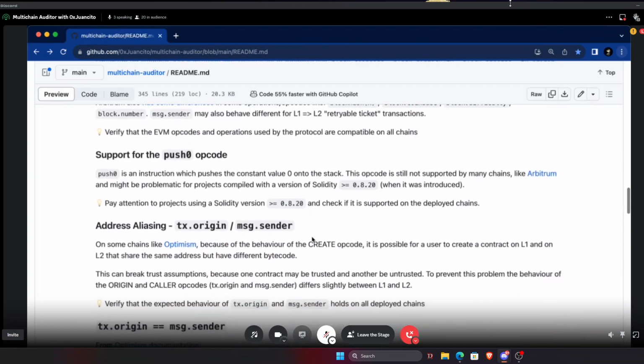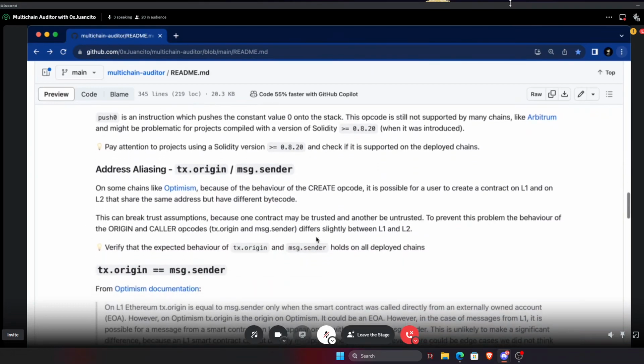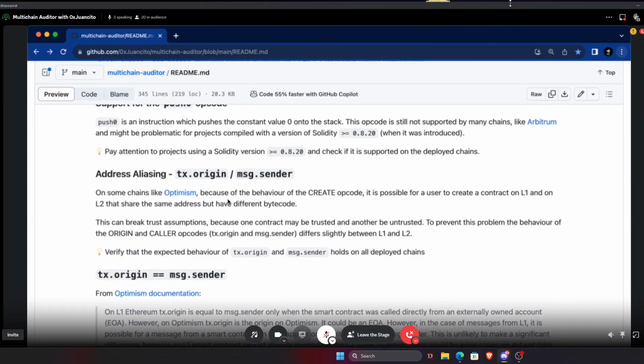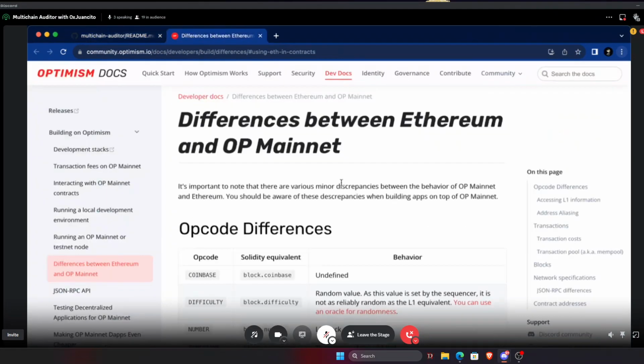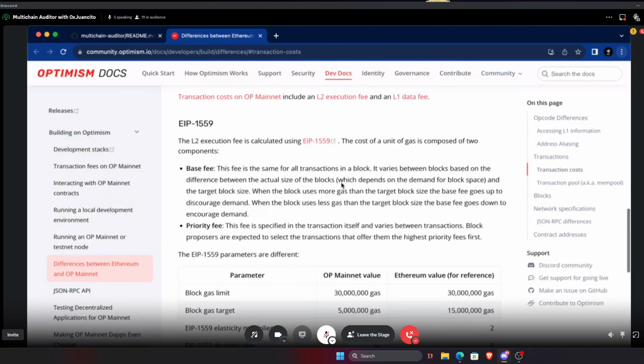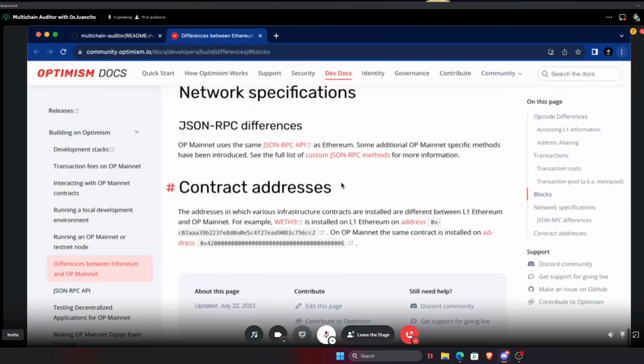And we mentioned transaction origin and message sender. So in this specific example, these opcodes behave the same in Optimism, let's say, if you're interacting with the same contract. So it will be exactly the same as on Ethereum.